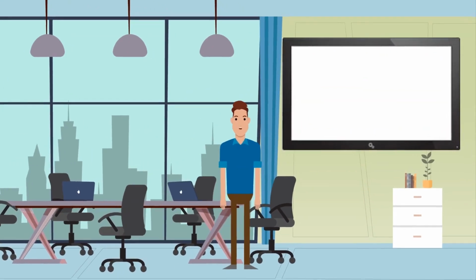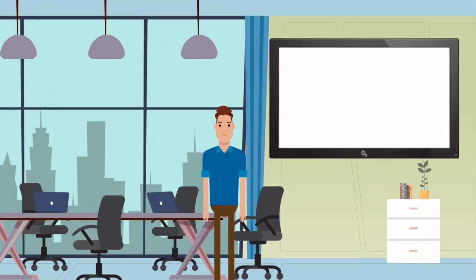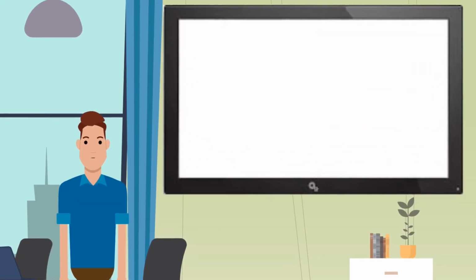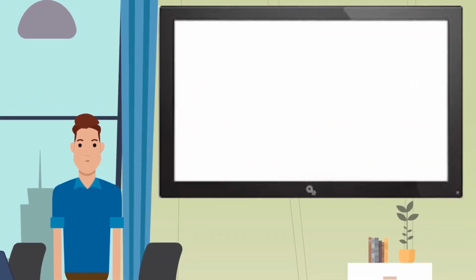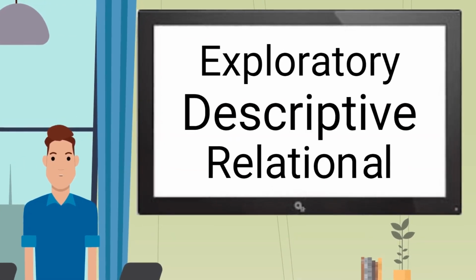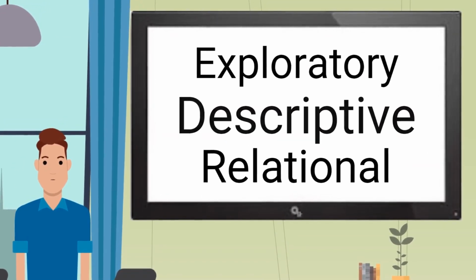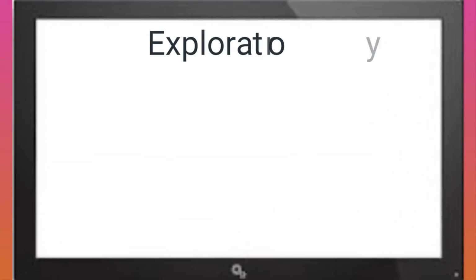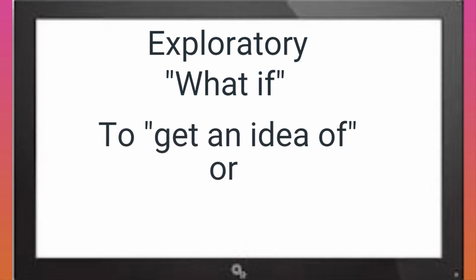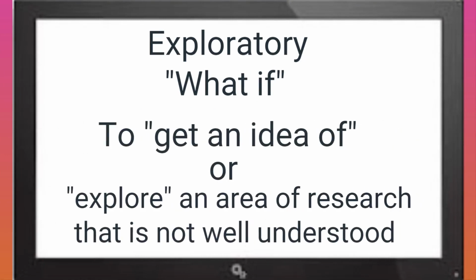The type of study you conduct depends on the type of questions you are asking. This can be exploratory, descriptive, or relational. Exploratory questions start with what if. This is to get an idea of or explore an area of research that is not well understood.